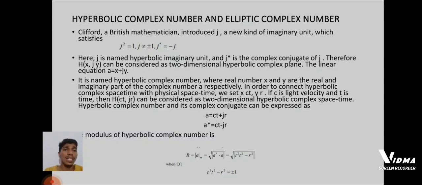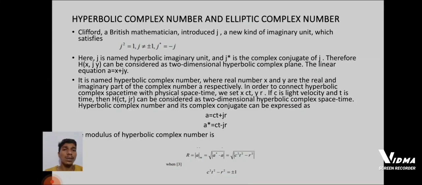Here j is named the hyperbolic imaginary unit and j star is the complex conjugate of j. Therefore H(x, jy) can be considered as a two-dimensional hyperbolic complex plane.